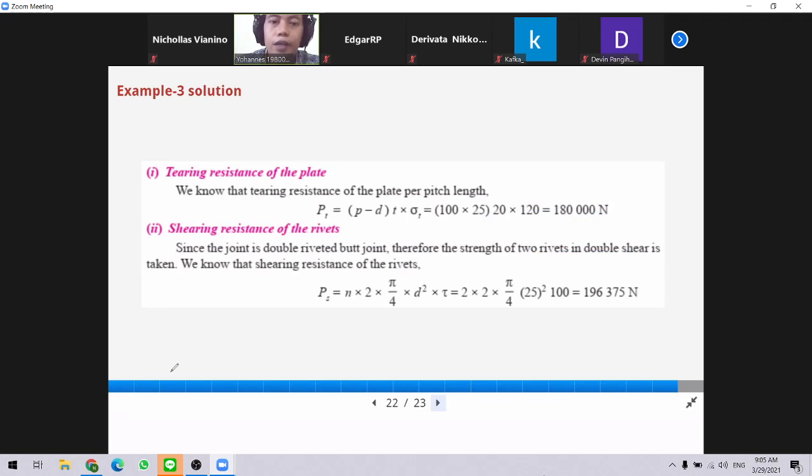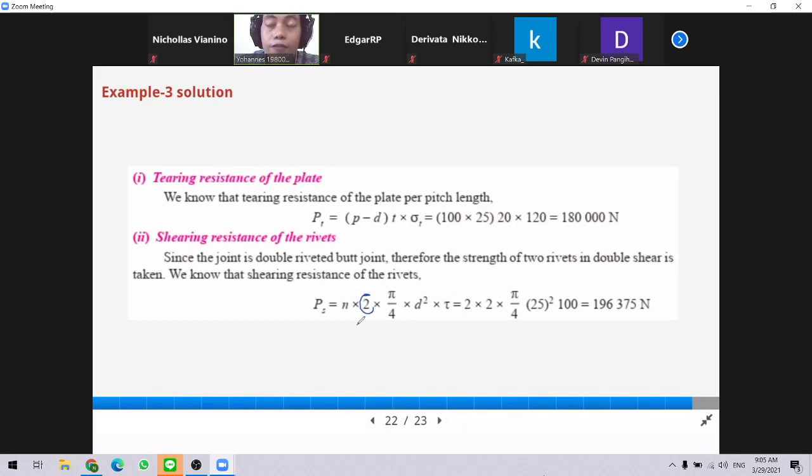And the shearing resistance of the rivet, because we use double cover butt joint, for a single rivet we have two shearing areas. And because we have two columns of rivet here, we put another 2 for n.